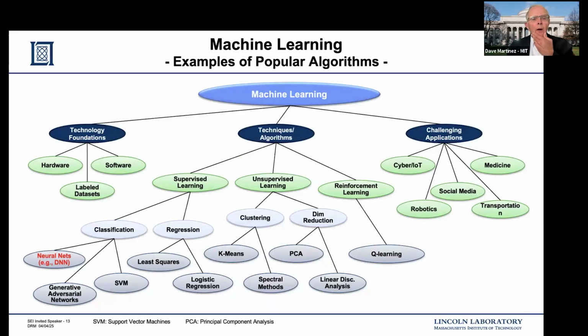Here's a taxonomy of the different classes of algorithms and techniques: supervised learning, unsupervised learning, reinforcement learning. I'm just going to give you one example from some of the researchers that used to work for me at Lincoln Labs, and it's fascinating because it crystallizes very clearly the value of neural networks, which I highlighted here in red on your left-hand side.